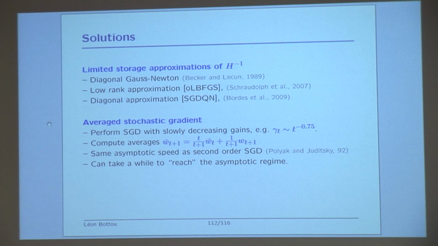Instead of t minus 1, you're going to do something like t to the minus 0.75. Or t to the minus 2/3 is quite common as well. And in the meantime, you compute the average of all the weights you've seen from the beginning. That's an iterative computation of the average, where I take t over t plus 1 times the previous one, plus 1 over t plus 1 times the new one, and I keep averaging.